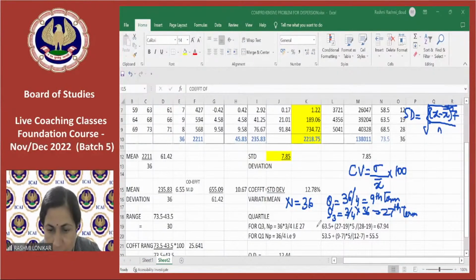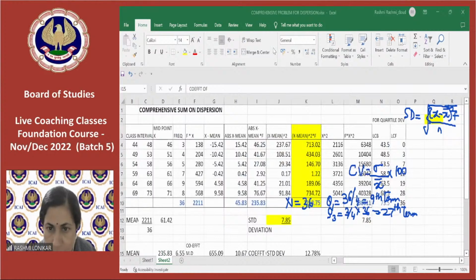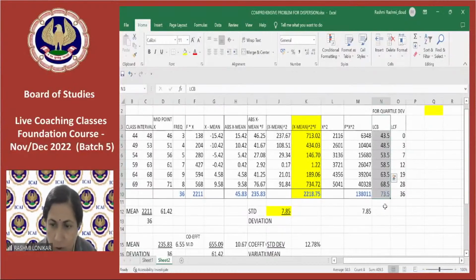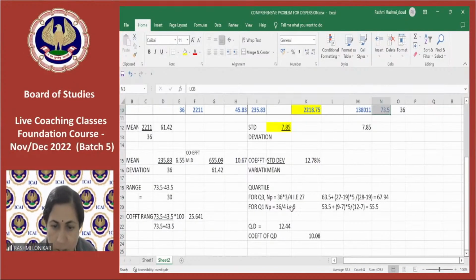So for that, to find the 9th term, I find the cumulative frequency. Here I have the less than cumulative frequency, and I want to find out where the 27th and the 9th terms, Q3 and Q1, are going to lie.